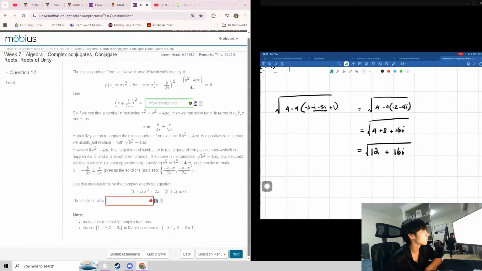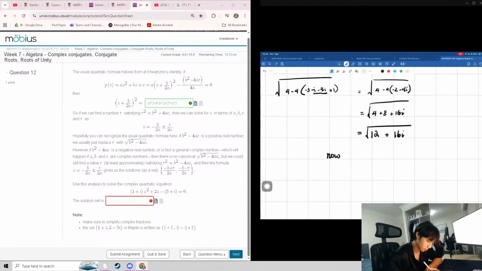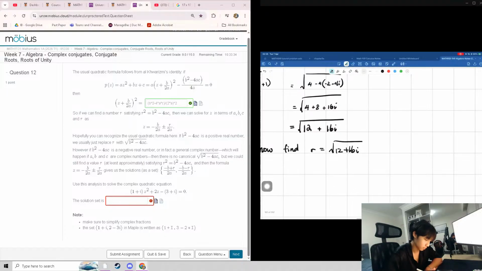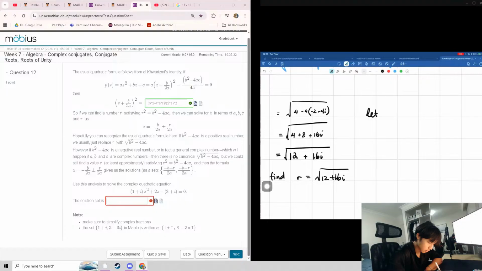Alright, so I'm given the root. Now find r such that r squared is equal to 12 plus 16i. Right? So let r be x plus iy.